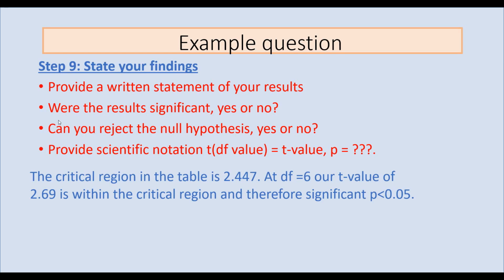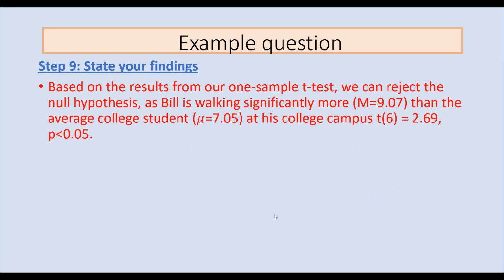So just to recap, were the results significant? Yes, they were. Can we reject the null hypothesis? Yes, we can, because the mean of Bill's data does not equal the population mean of the college student walking data. And then we provide a scientific notation. Right here, this is our statement.